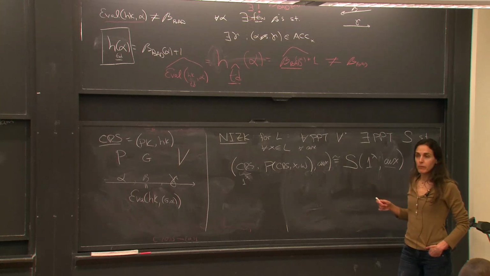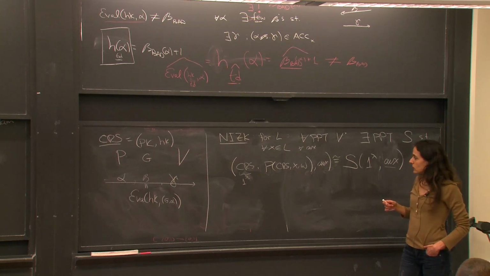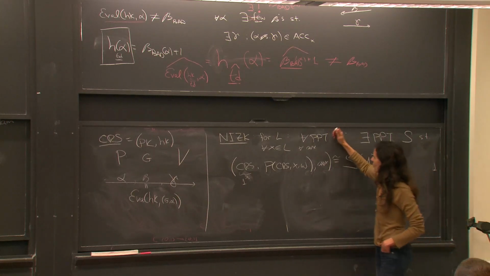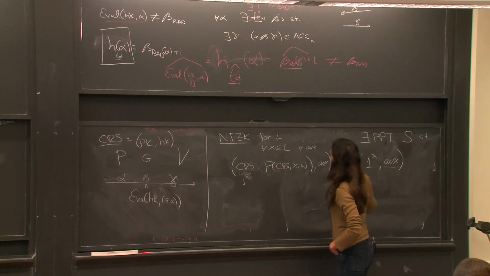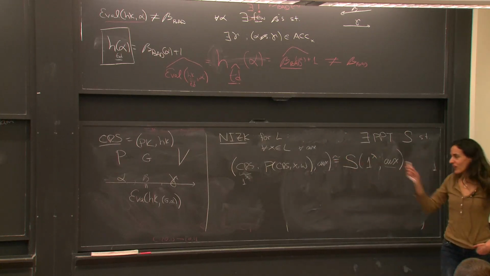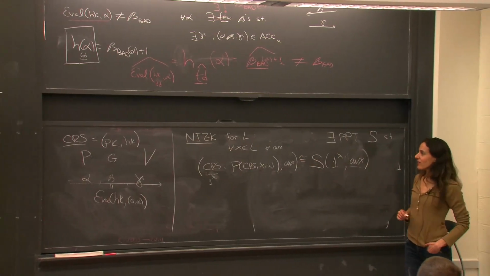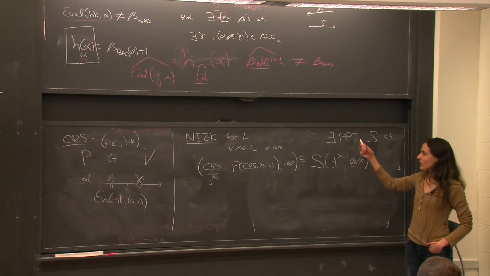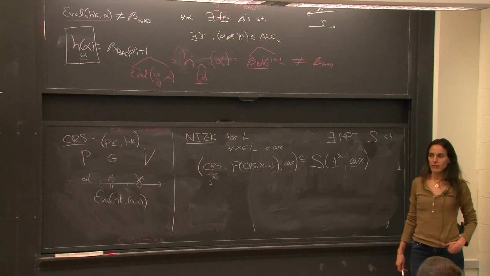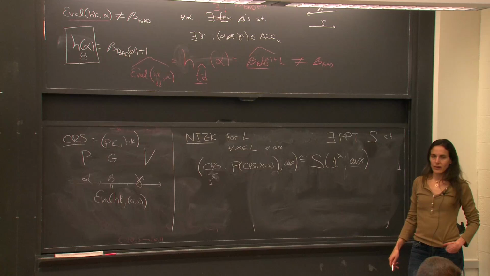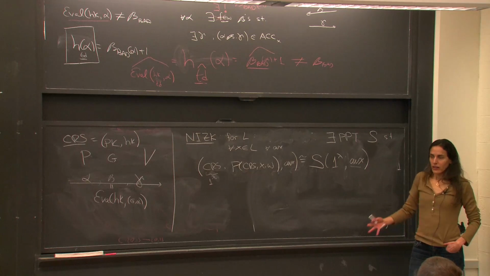Here we don't even need V star, right? It's not interactive. Yeah, sorry, there's no V. You're right, thank you. For every L, there exists a simulator. For every X, for any auxiliary, that's it. That's the definition. Okay, because V doesn't send anything.